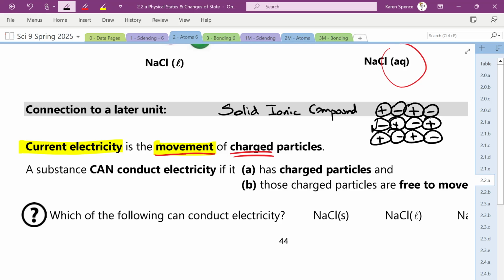Copper has a 2+ charge. Sulfate has a 2- charge. Do you remember what I told you about nature liking things to be neutral? If you have a 2+ and a 2-, those two cancel each other out and they make that compound neutral. We have a whole unit on this later on in the course, okay?